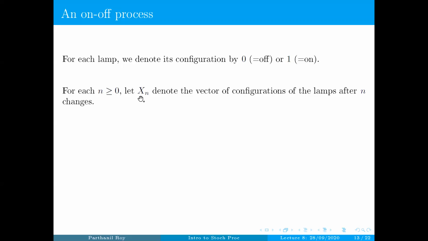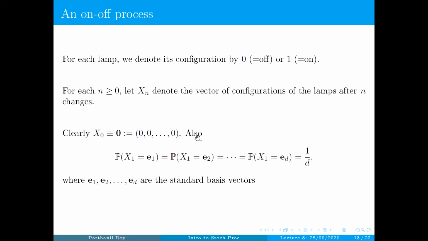So after n changes, the configuration vector is X_n. This configuration is basically a vector: you have lamp 1, lamp 2 up to lamp D, and for each you put 0 or 1 depending on whether the lamp is off or on. More precisely, X_0, the initial configuration before the changes, is the zero vector, all zeros. Everything is off initially.